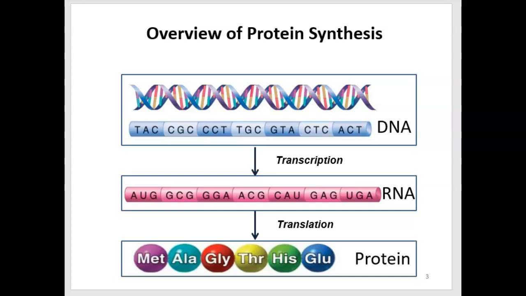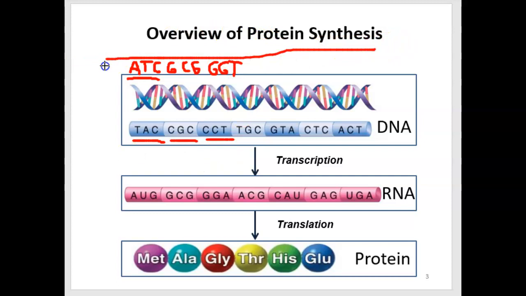Shown on this slide is a sequence on one strand that reads TAC, CGC, CCT, etc. On the complementary strand, or the other side of the helix, you would have ATG, because that's complementary, and then GCG, GGA. That's what we start off with.